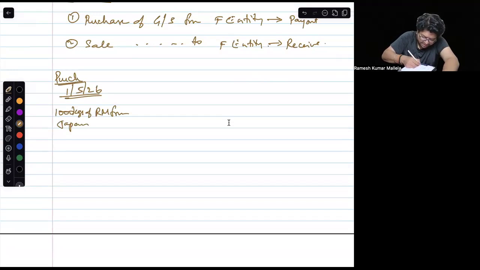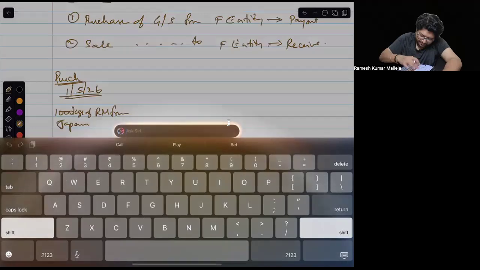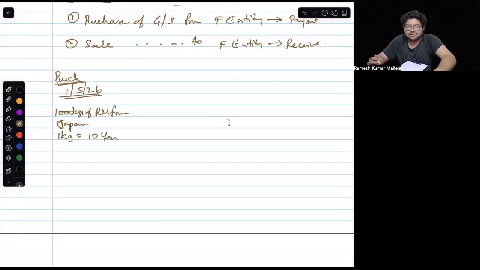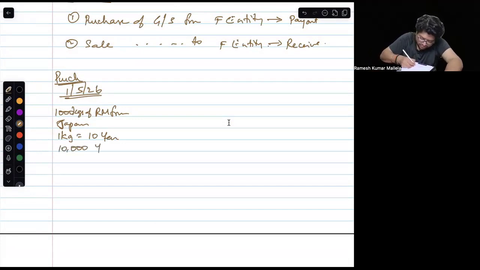He says 1 kg is 10 yen. So my value in this is 10,000 yen. Yes or no? 1000 kgs into 10 yen, 10,000 yen.